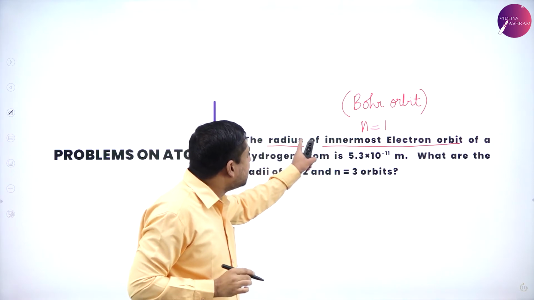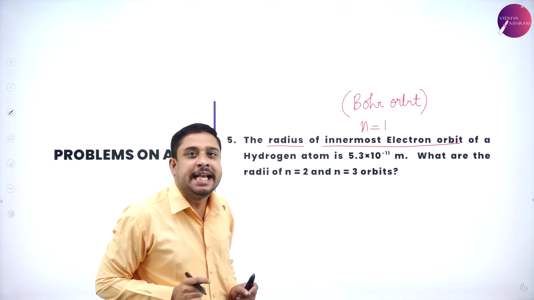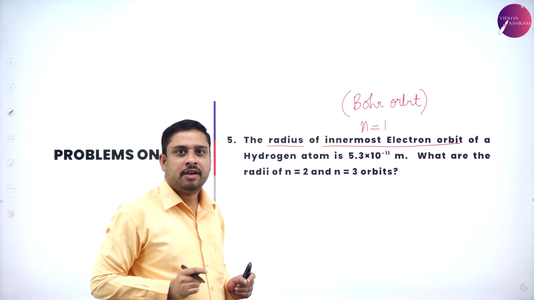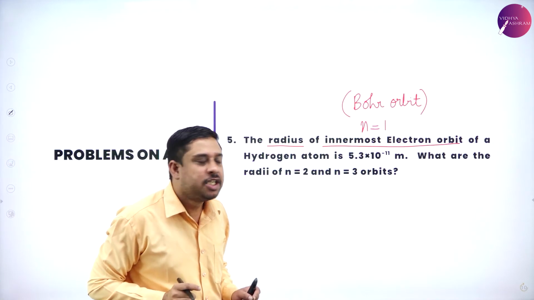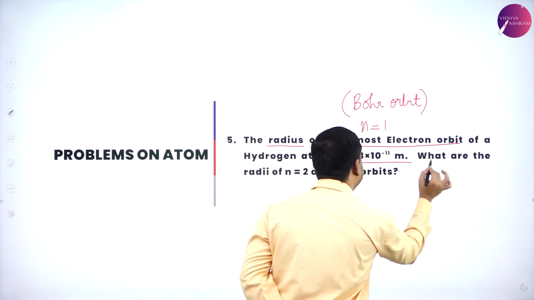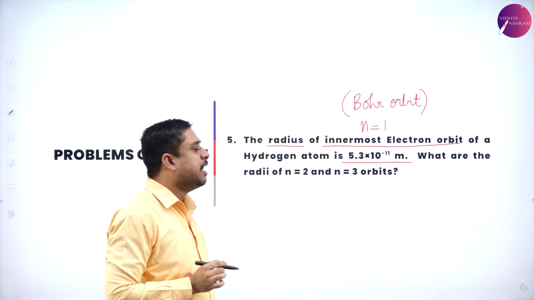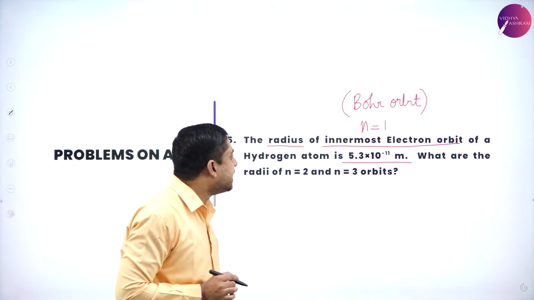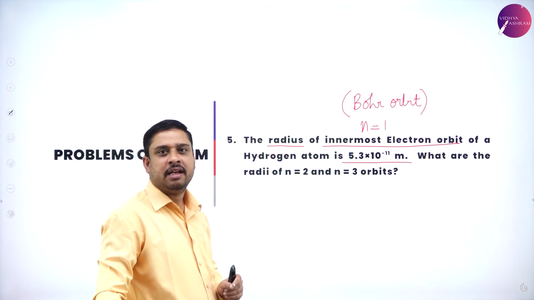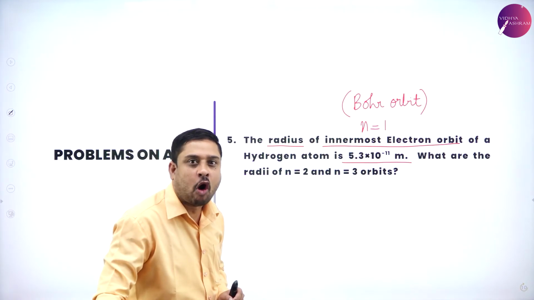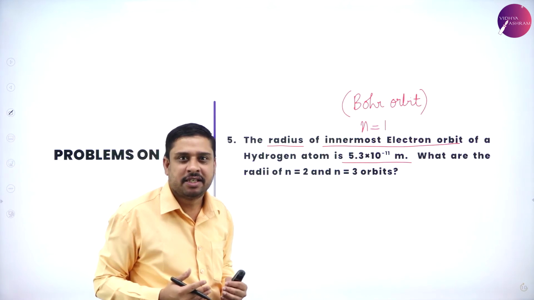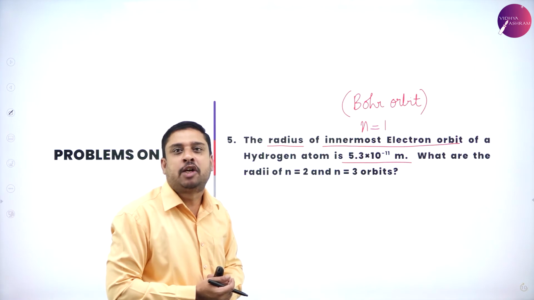So the radius of the innermost electron orbit, the first orbit of the hydrogen atom, is 5.3 into 10 power minus 11 meter. So this is the radius of the innermost orbit of the hydrogen atom, the Bohr orbit, the first orbit of the hydrogen atom.